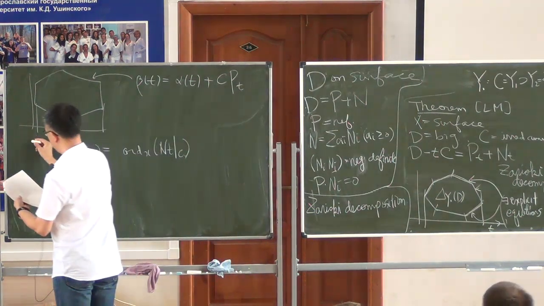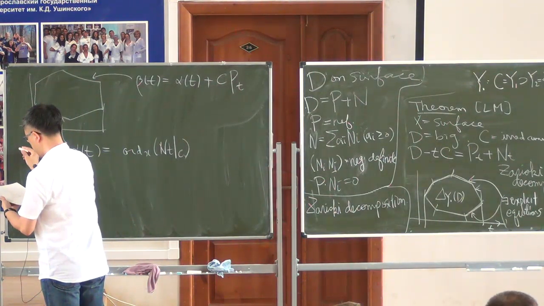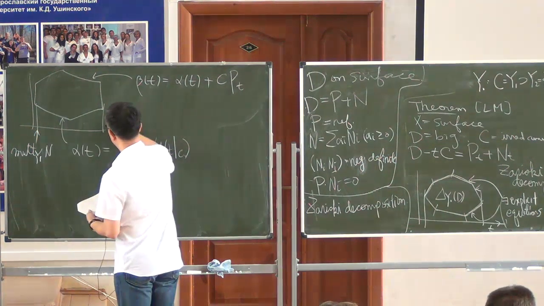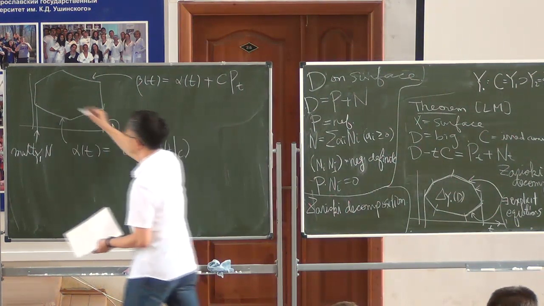Okay, and the left end is the multiplicity of y1 of c, and this is the so-called pseudo-effective threshold.